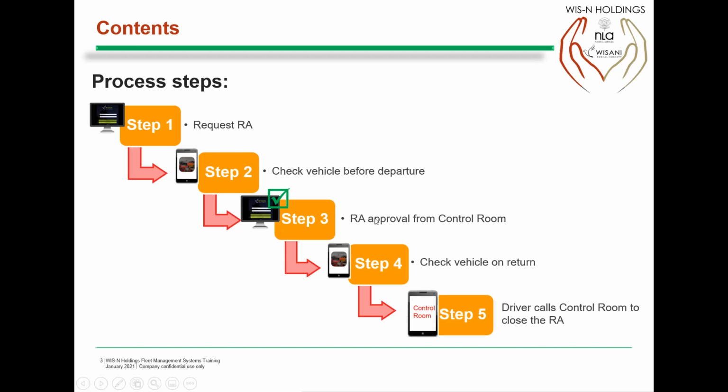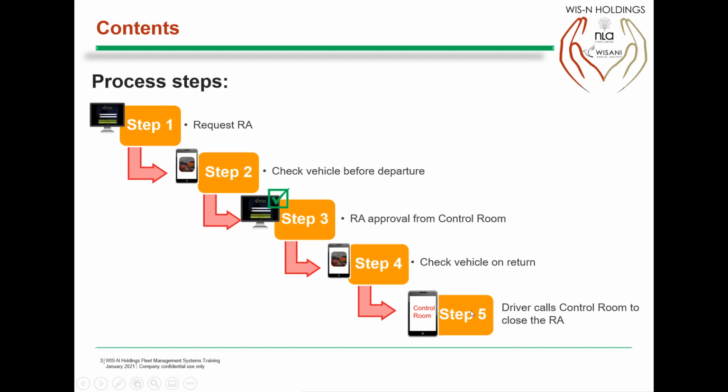Now the driver can go and do the trip, and once the driver returns to your premises, you once again need to take the cell phone and check the vehicle again to see if there may have been any additional damages or theft to that vehicle. And then the driver that drove the vehicle also needs to call control room so that they can close the RA.